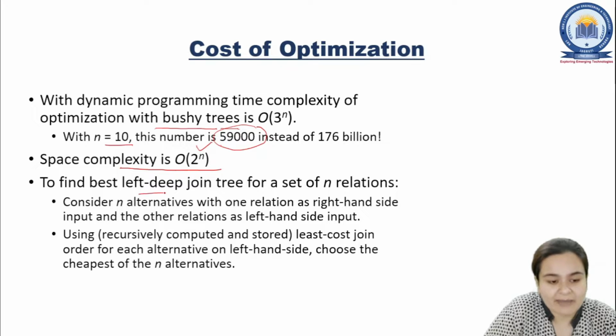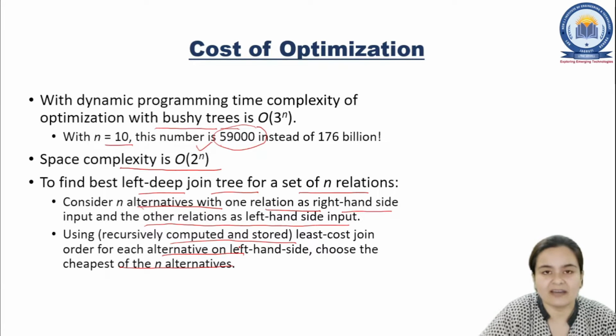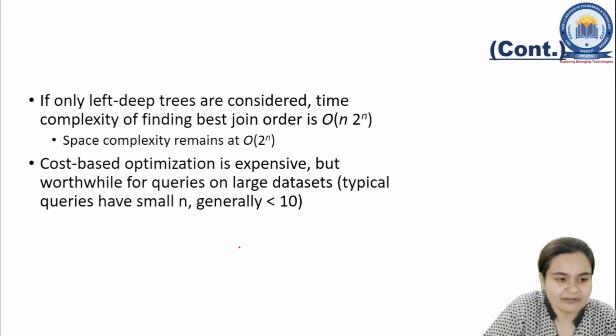To find the best left-deep join tree for a set of n relations, we have to consider n alternatives with one relation at the right-hand side as an input and the other relations at the left-hand side as the input. Using this recursively, we compute and store the least cost join, and for each alternative on the left-hand side, we choose the cheapest one among the n alternatives.